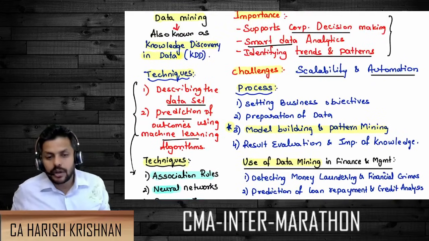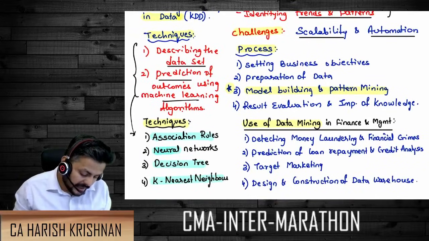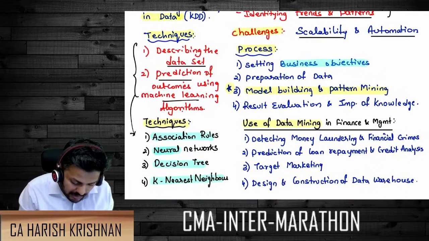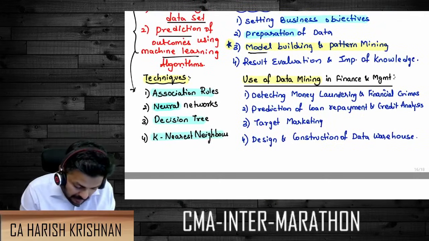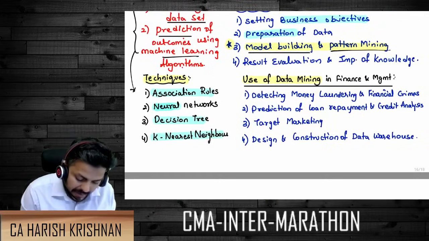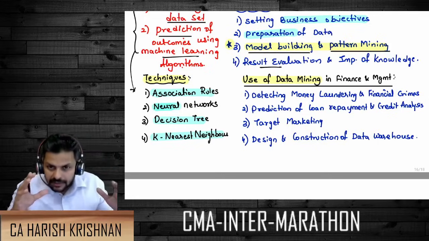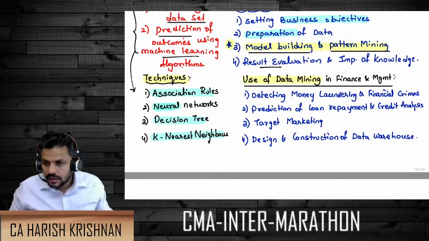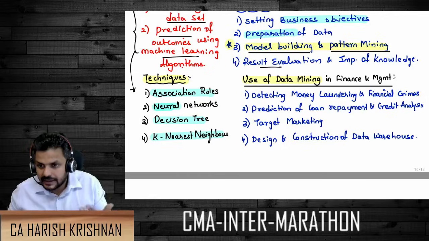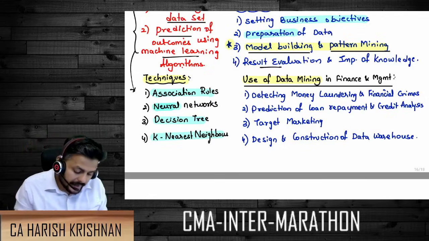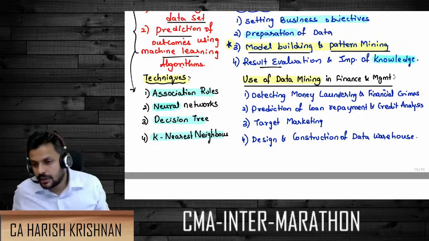What is the process of data mining? The process is: setting business objectives, preparation of data, model building and pattern mining, and result evaluation. Model building and pattern mining is the biggest task. Four types of data models are there, which are now going to be discussed, which type of analytics are suitable for what, and then evaluate the results, and the knowledge is pulled out, right?